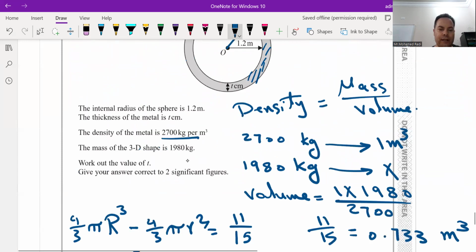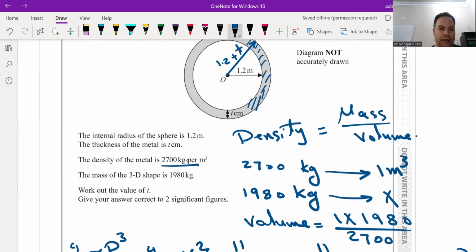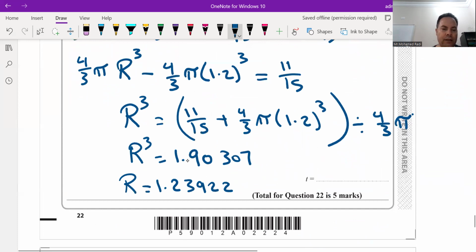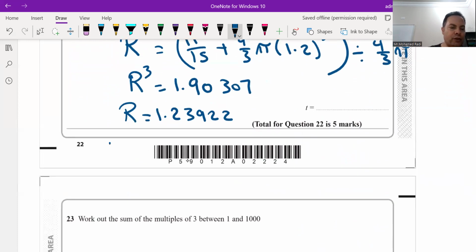By subtracting, we get the thickness T: T is this answer minus 1.2. So the thickness is 0.0392229.